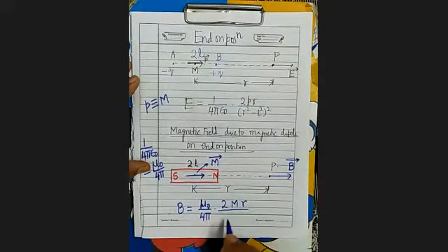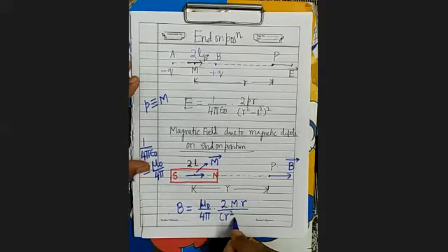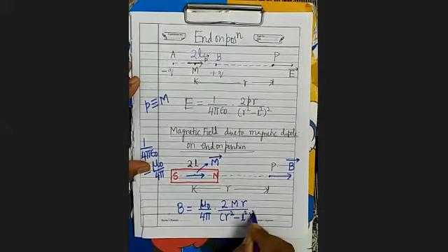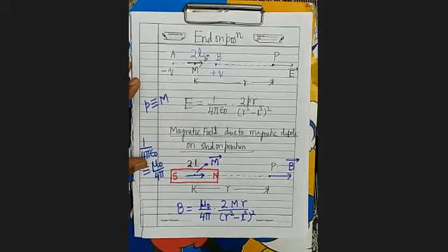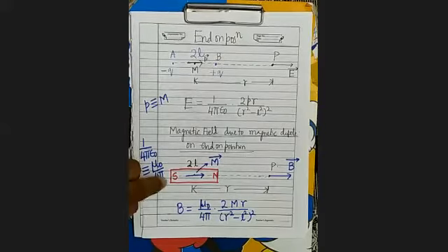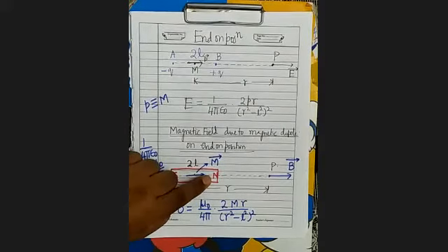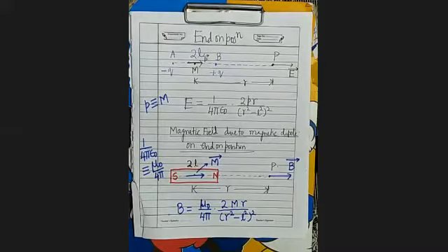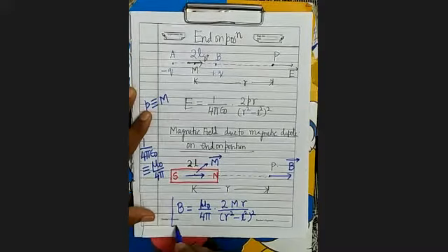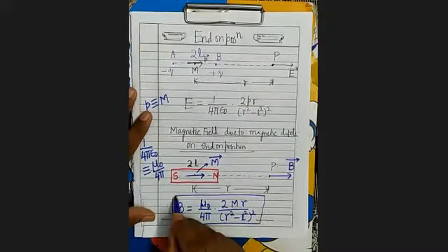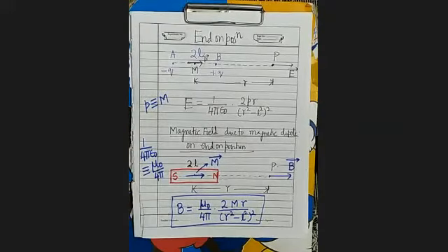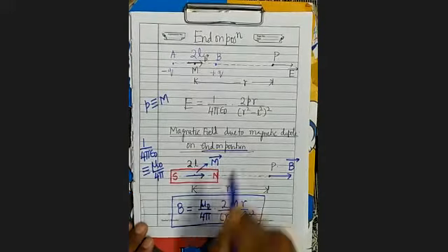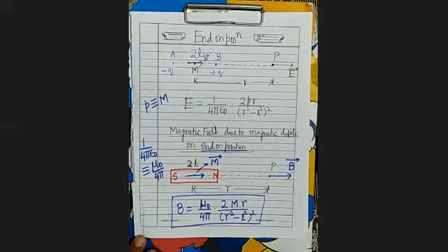Upon r square minus l square का whole square, where 2l is the length of the dipole. That is distance between south and north poles. So this will be the formula of magnetic field due to a magnetic dipole in the end-on position. In the end-on position. Have you understood?